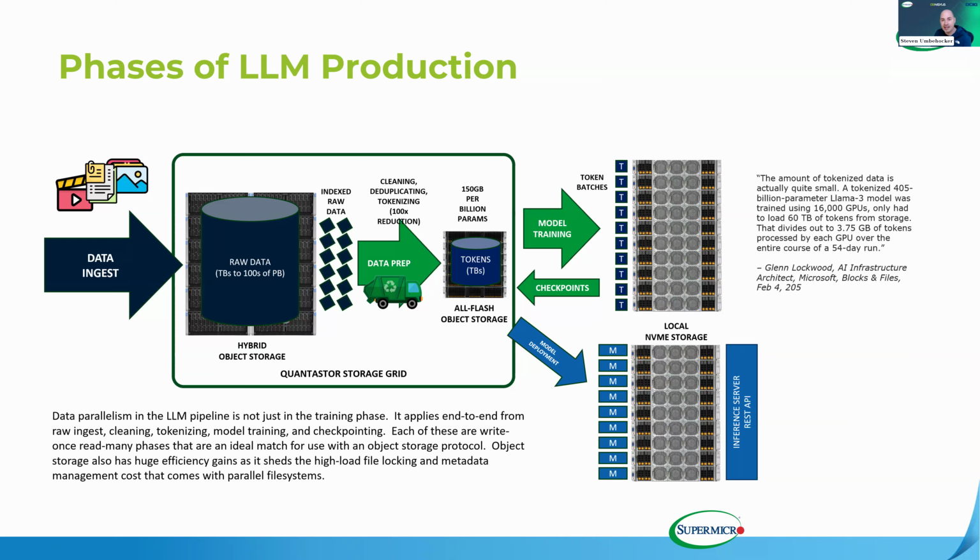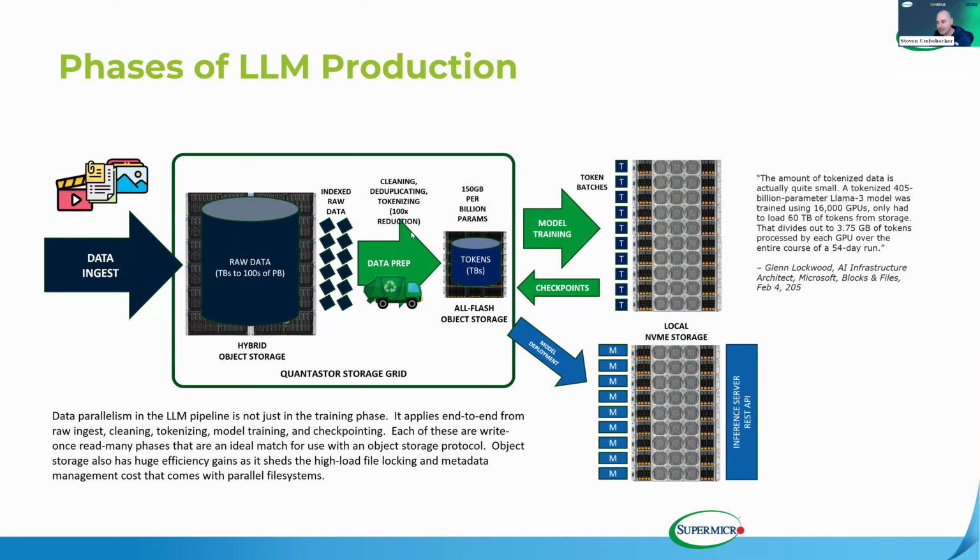You have these early stages where you're pulling in huge amounts of data into a large object store so that you can then process that and in later stages feed that into the model. This first stage is where the most capacity is required. This is where you're bringing in all the raw data. It has not yet been processed.